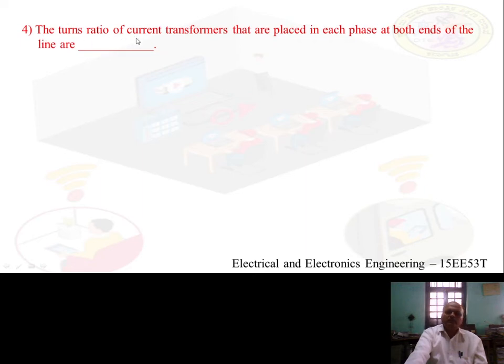The turns ratio of current transformers that are placed in each phase at both ends of the line are dash.